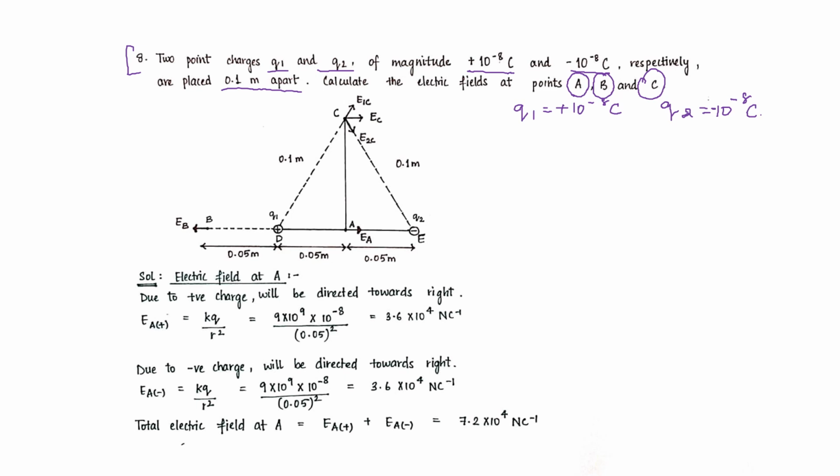So kindly come to the diagram and follow up the red ink. See, here we have B, here we have A and here we have C. These are the points in red for which the electric field needs to be calculated.